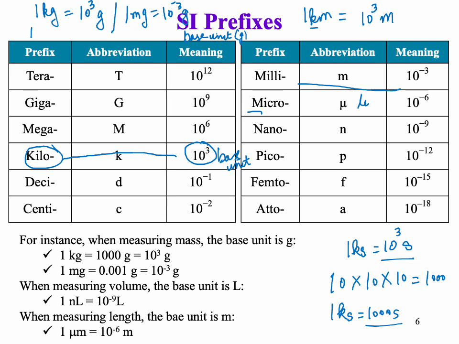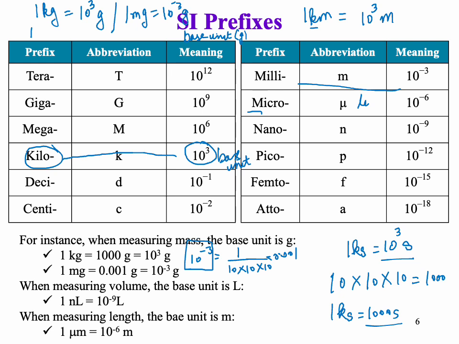So 10 raised to power negative 3 is same as 1 divided by 10 3 times. That would give you this, which is also same as 0.001. But usually these decimals are difficult to remember, so we usually remember it like these exponents, 10 raised to power negative 3.